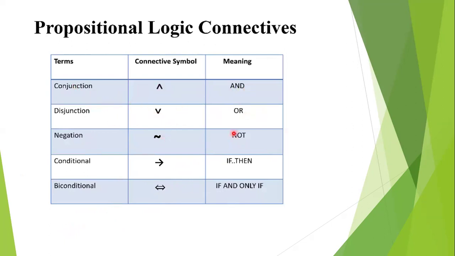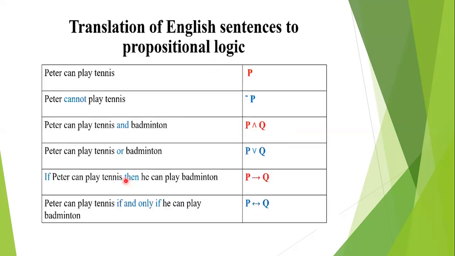Negation works like a NOT gate. Conditional is if-then: on the left side you have a certain condition, and if that condition passes, then the right side has to be done. So it works like an if-then condition. Biconditional works only if both the left and right side conditions are true.